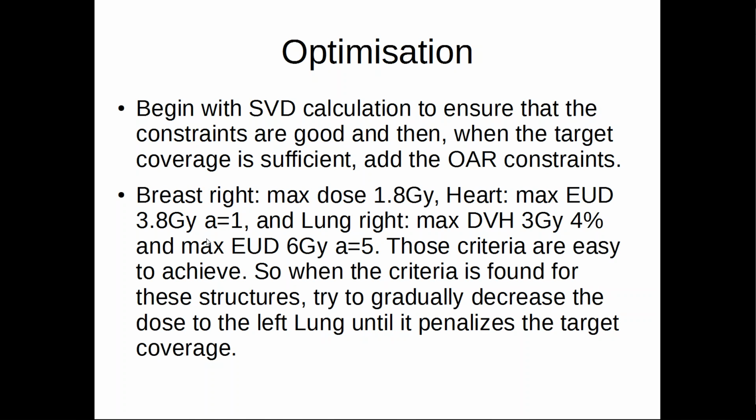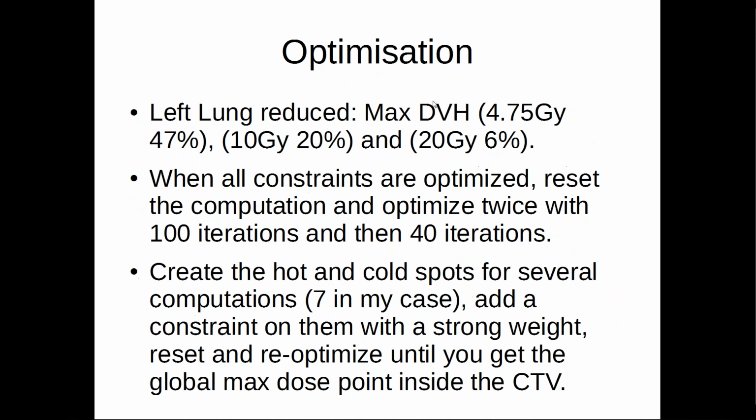When I was happy with this and the criteria were reached, I tried to gradually decrease the dose to the lung. That was the most difficult part. And I fit with these criteria, the max dose of 4.75 gray and 47%, 10 gray to 20%, and 20 gray to 3%.